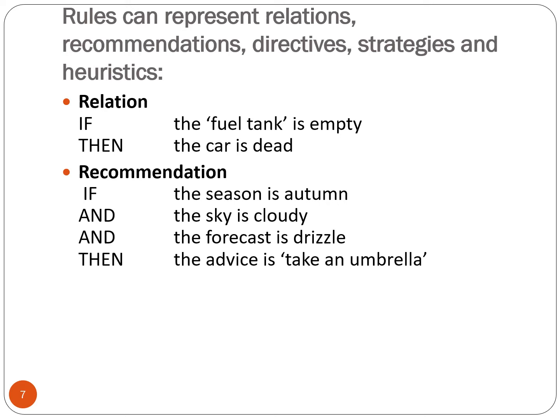In this example, if the season is autumn and the sky is cloudy, and we have a conjunction, the sky is cloudy and the forecast is drizzle, then the advice is to take an umbrella.